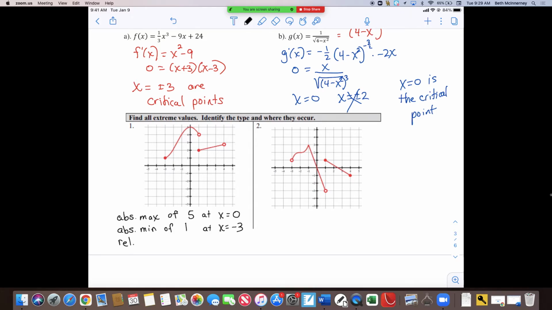So there is a relative minimum. So look, when I look in this neighborhood, this point is lower than the points to the right, and it's actually lower than the points on the left. So good catch.